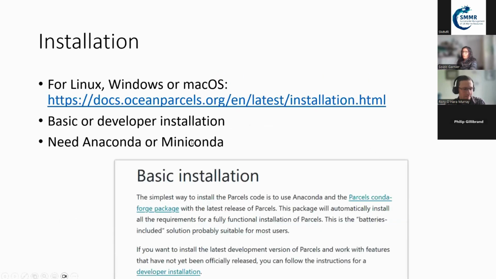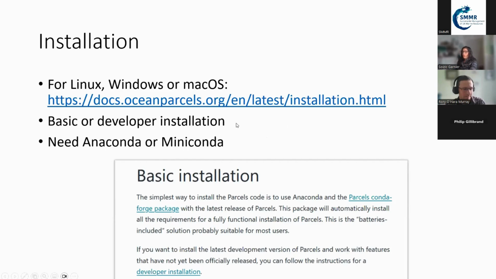Just a few words about the installation. They give you some good instructions on the website, and they tell you how to install it on Linux, Windows, and macOS. You have two kinds of installation: the basic or the developer installation.